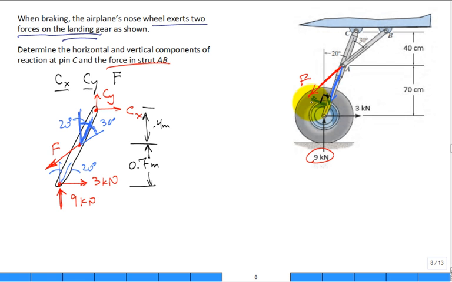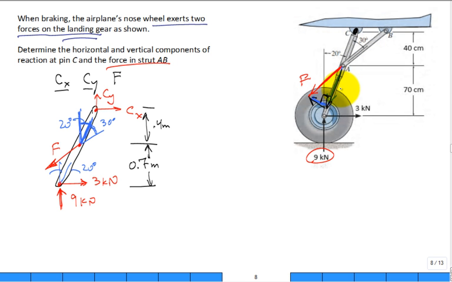Right triangles. Didn't we say that we're going to be experts at right triangles? Because if I can decompose it into these two forces, this component and that component, one of them exerts a moment around point C and one of them doesn't. True?